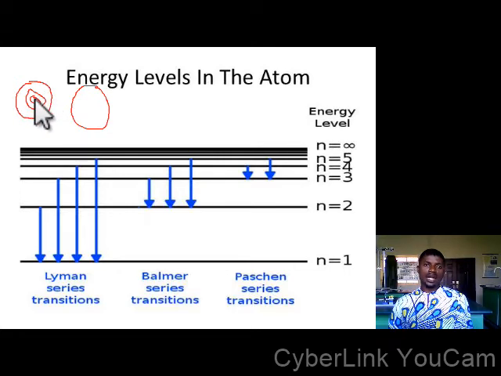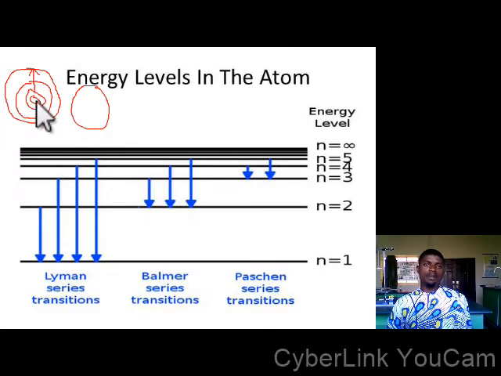So we said that if an atom undergoes a quantum jump from a lower energy level, shell 1, shell 2, let me add another shell here. Let's suppose you have another shell here. Very good. So if an atom jumps from this shell up to this shell, we say that the atom absorbs energy.